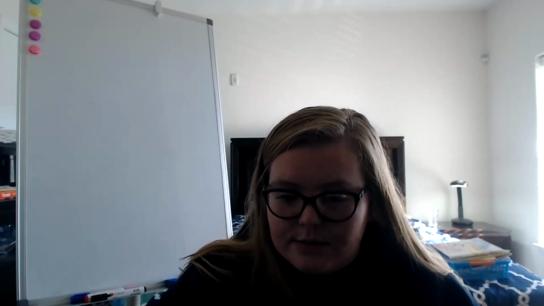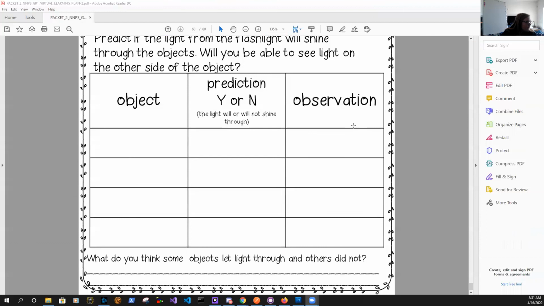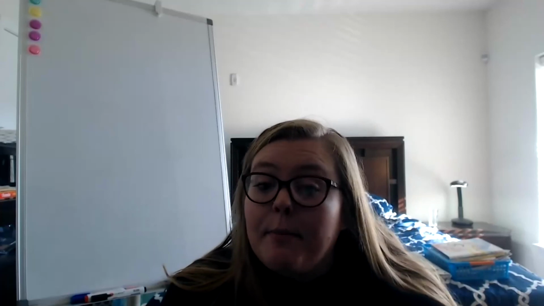Oh, and then there's some questions at the bottom. We don't want to forget those. So at the bottom it says, what do you think some objects let light through and others do not? So I think that this is supposed to say why. Instead of what, it should say why. Why do you think some objects let light through and others did not? So that's the question that you're answering at the bottom.